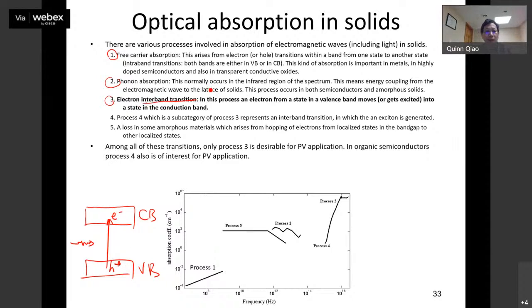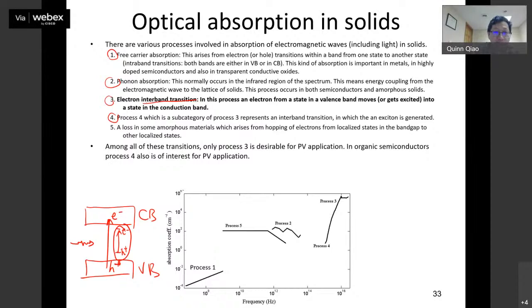The fourth type is also interband absorption, but you generate an electron and a hole that are bound to each other. That's called an exciton. You generate an electron-hole pair, but not free electrons and holes.